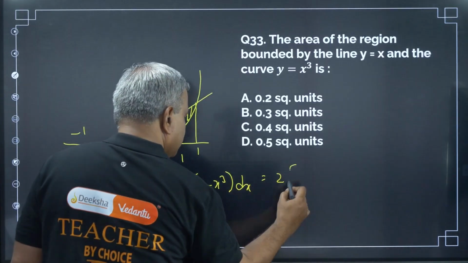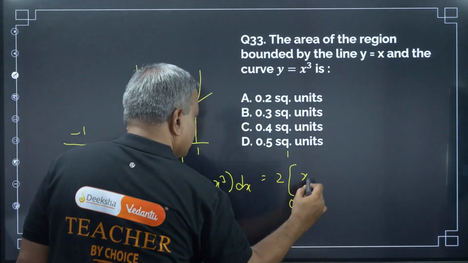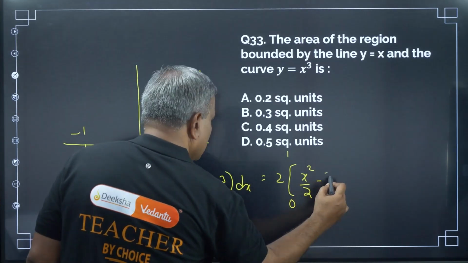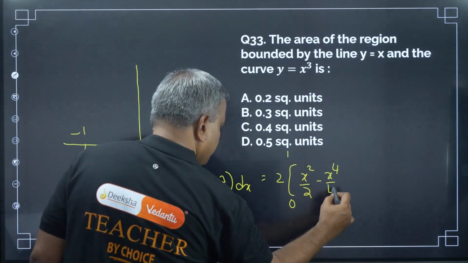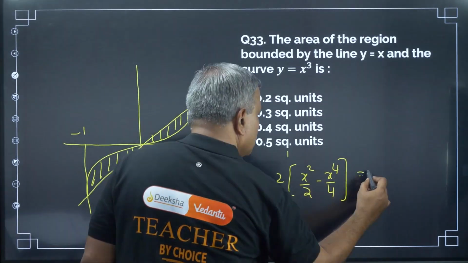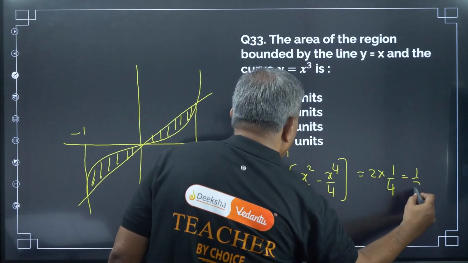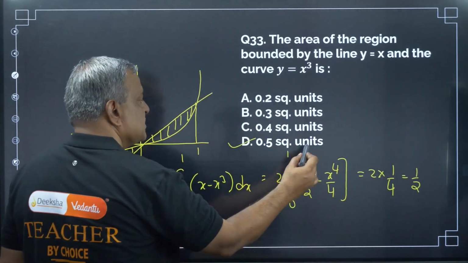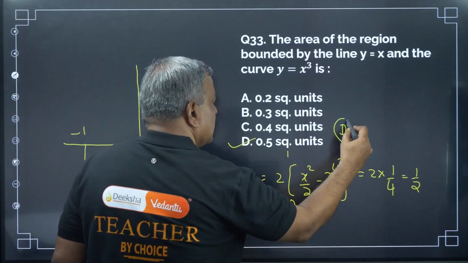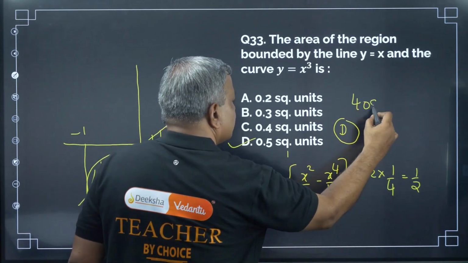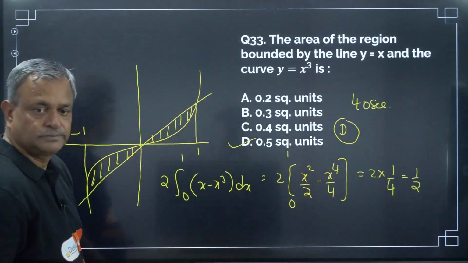We get 2 times x square by 2 minus x to the power 4 by 4 from 0 to 1. So this will give you 2 into 1 by 4, which is equal to 1 by 2, 0.5. Option D is correct. Max 40 seconds, it should not take more than that.